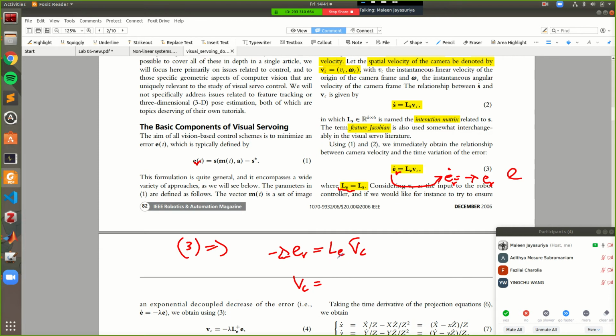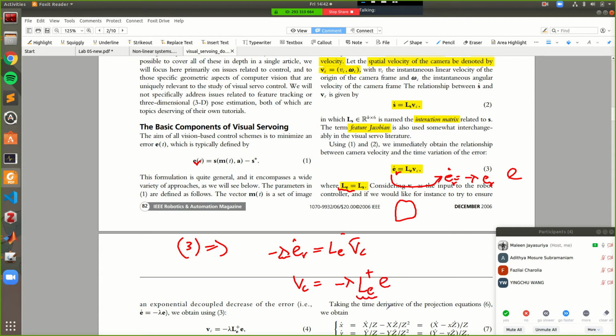So we need to find this inverse of L_e, but you will find out later on that L_e is not a nice square matrix that we can find an easy inverse for. So we have to go for something called a pseudo inverse. Assuming that we found that inverse, we multiply this side by the inverse and this side by the inverse, and we get this equation: v_c = minus lambda L_e plus times e, where L_e plus is the inverse I'm talking about.